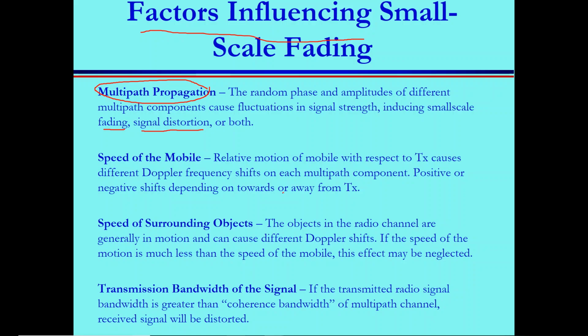Positive or negative shifts depend on whether you are moving towards or away from the transmitter. When you are moving towards the transmitter, you are squeezing, and your Doppler becomes less. When you are moving away, it becomes more.